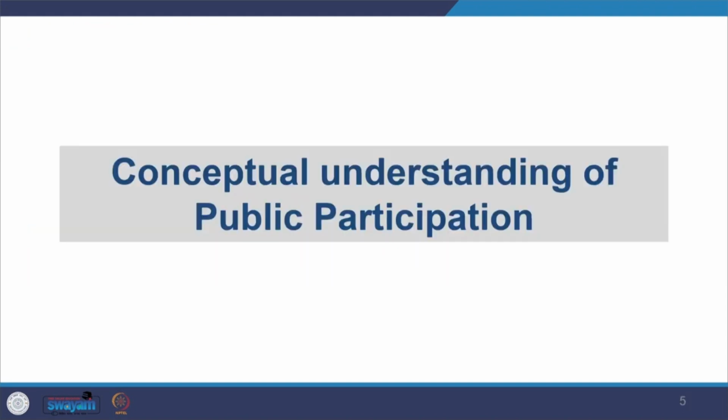So looking at the conceptual understanding of public participation, if you are the team working on preparing the EIA report, then your main purpose is to provide information about the environmental impacts of the proposed activity, what's going to happen.